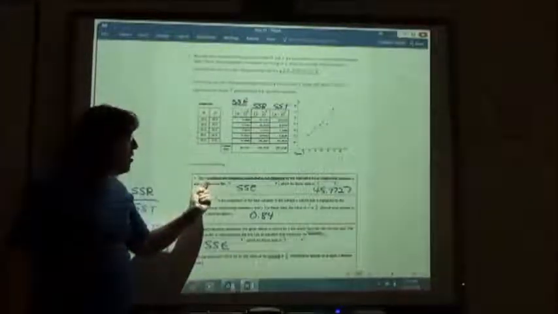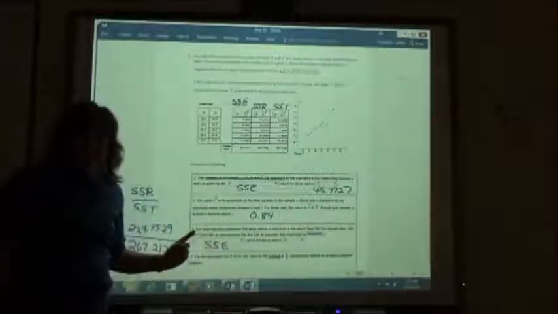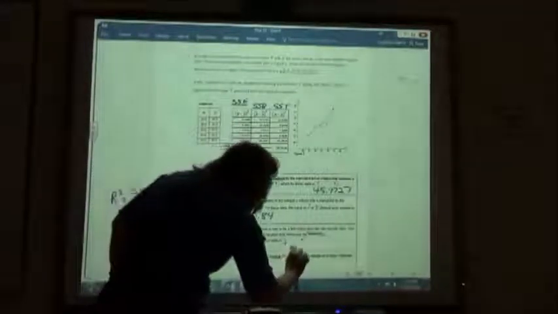So variation not explained is the error, and best fit is given by the error. So for my SSE number, same number we had before, 45.7727.